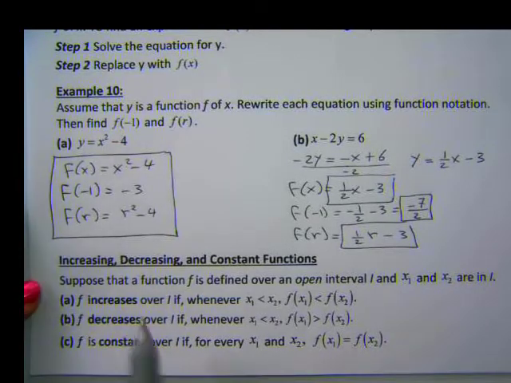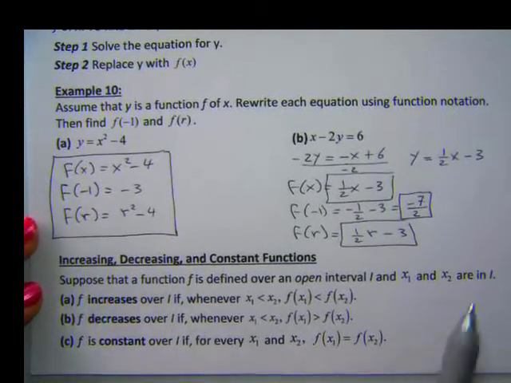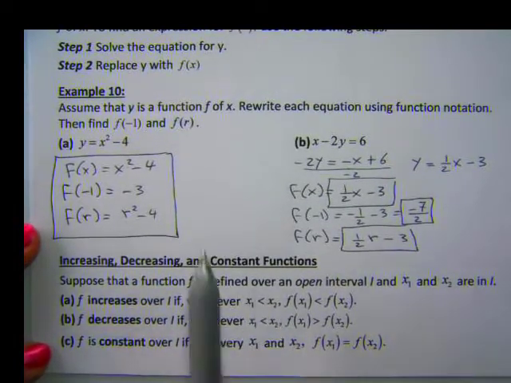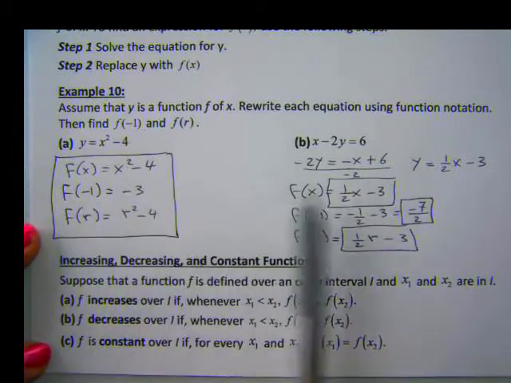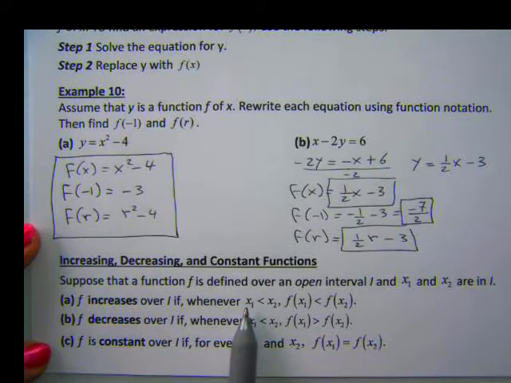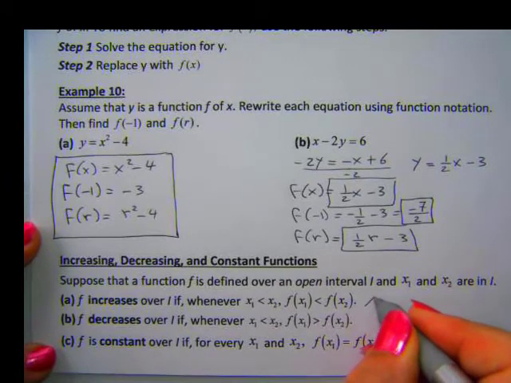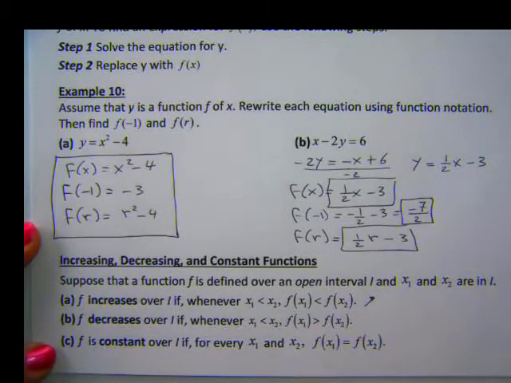Simply, it says f increases over some interval if whenever x1 is less than x2, remember x is increasing left to right, f of x1 is less than f of x2. So what do we mean by that? When x is increasing, y is increasing too. That's why it's an increasing function.